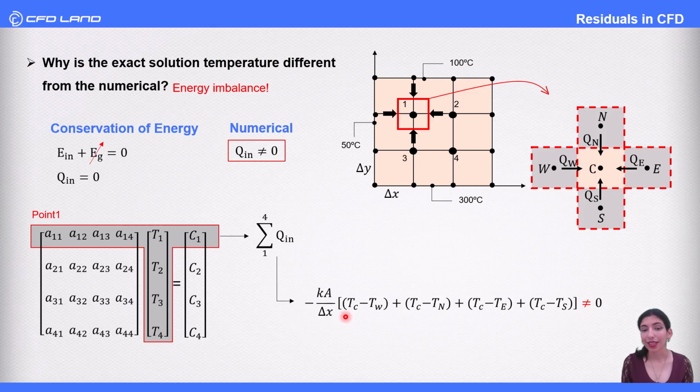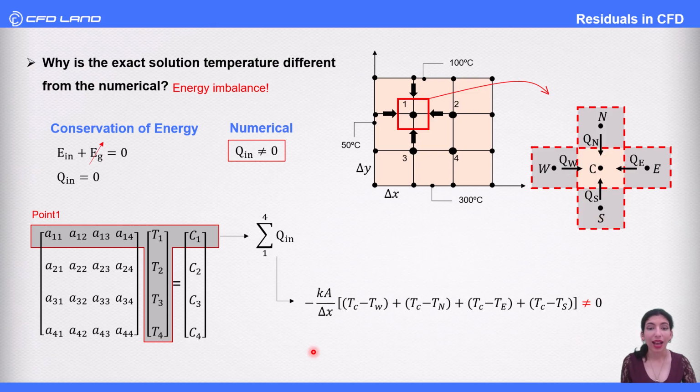So it causes difference between temperature gradients among the walls. So the heat flux from west will not be equal to the heat flux from east. And same goes for north and south.